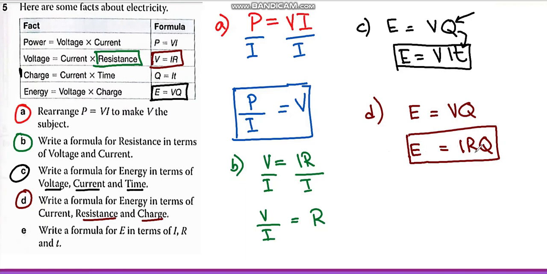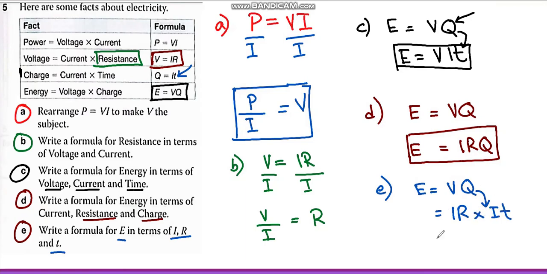In E part, they want us to write a formula for E in terms of current, resistance, and time. Some substitution here to represent the formula of E, means energy. So again, we will rewrite the formula, that is V times Q. Now, if I replace V with IR and Q with IT, which is actually given over there, I can take the product of IR and IT.